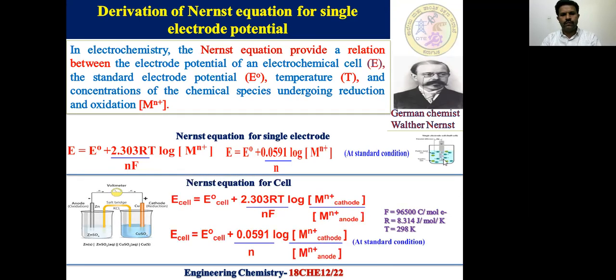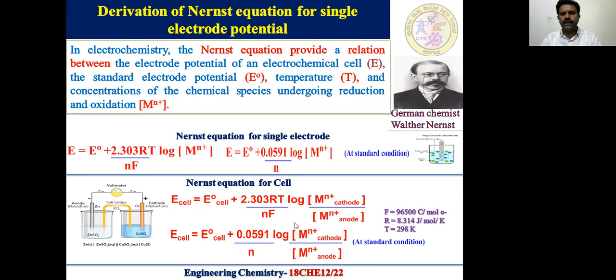If we consider a cell consisting of two electrodes, then the Nernst equation can be written as E cell is equal to E naught cell plus 2.303 RT divided by nF log of the concentration of the solution at cathode divided by the concentration of the solution at anode.